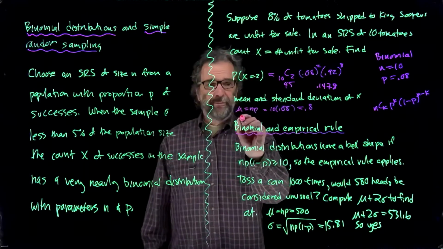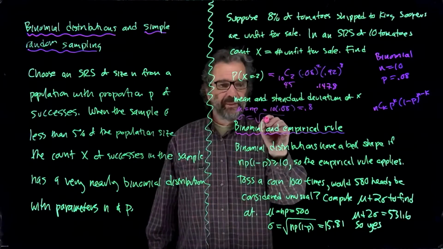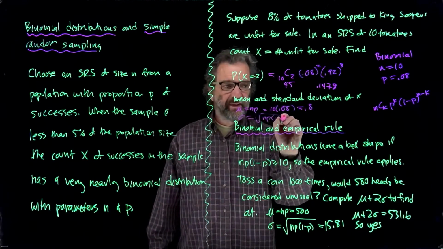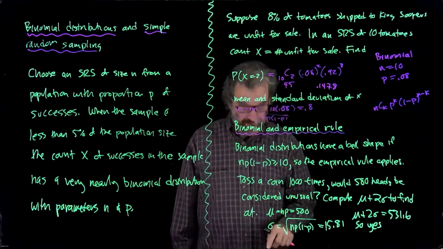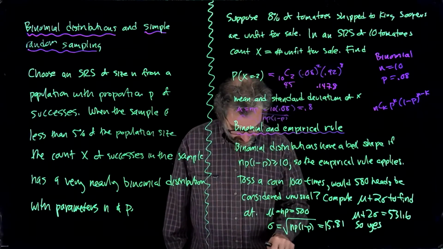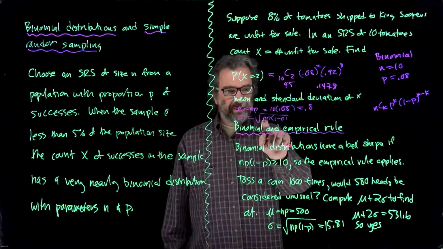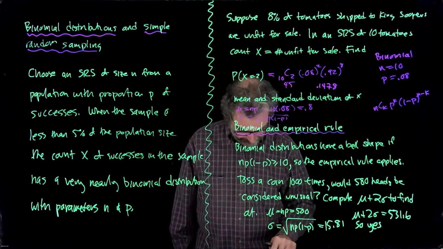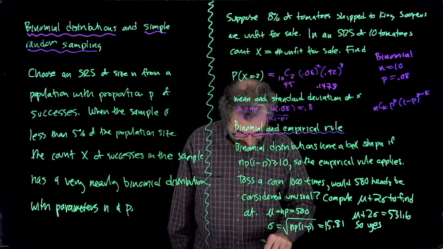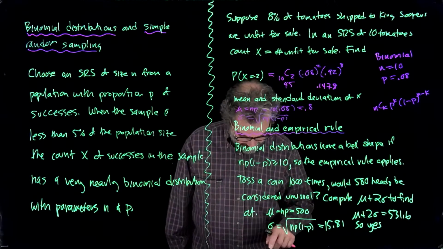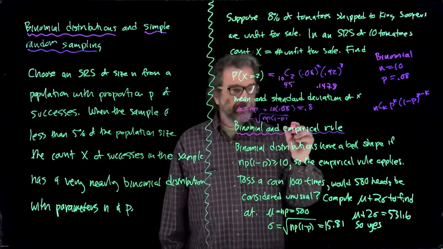And sigma is the square root of np times 1 minus p. So n is 10, times 0.08, times 0.92. I'll take the square root and get 0.8579.